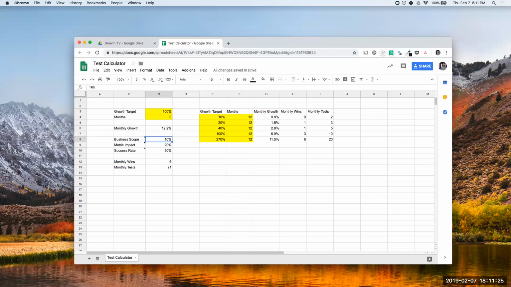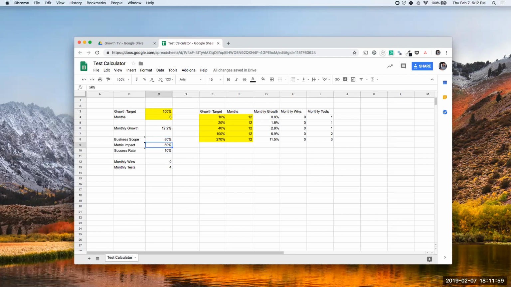If you get 80% of your traffic through SEO, and you happen to improve your SEO 50%, and you had to test 10 things to get there, then this is what the numbers would look like. You're testing against 80% of your business, because 80% of your conversions come through SEO. The impact on your conversions from SEO might be 50%. And then the success rate, maybe you're expecting 1 in 10 of those experiments to succeed.